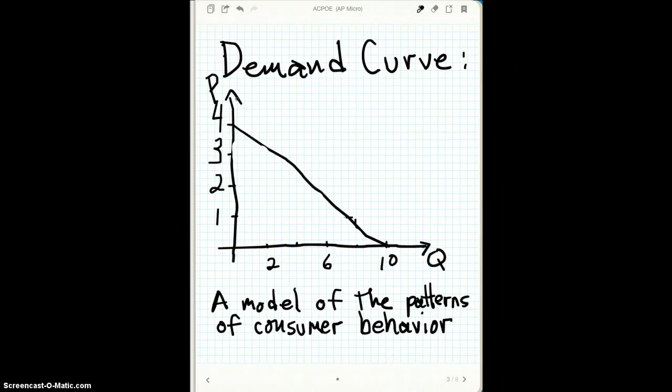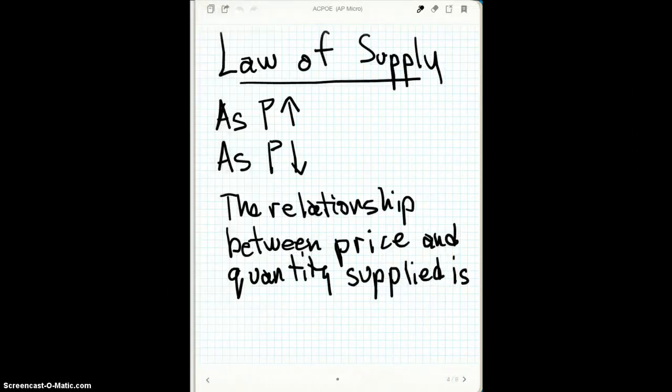So if you just step back and look at this, a demand curve, any demand curve, is a model of the patterns of consumer behavior. There's a tendency for consumers in this market, or any market really, to behave in this fairly stable and predictable way.